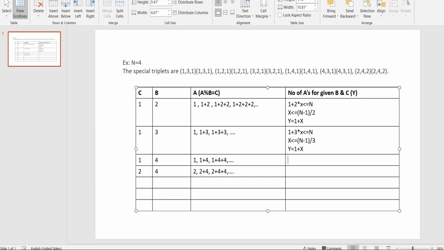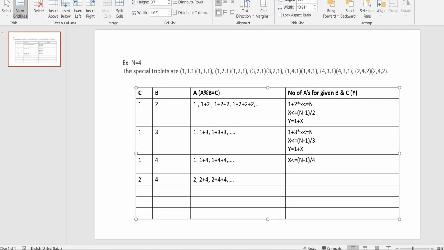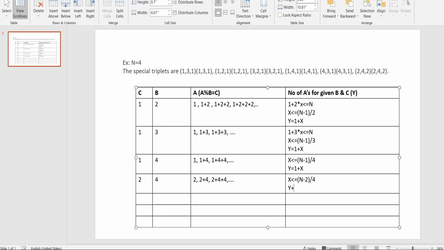Similarly, x is less than or equal to n minus 1 divided by 4, and y is 1 plus x. In this case, x is less than or equal to n minus 2 divided by 4, and y is 1 plus x.